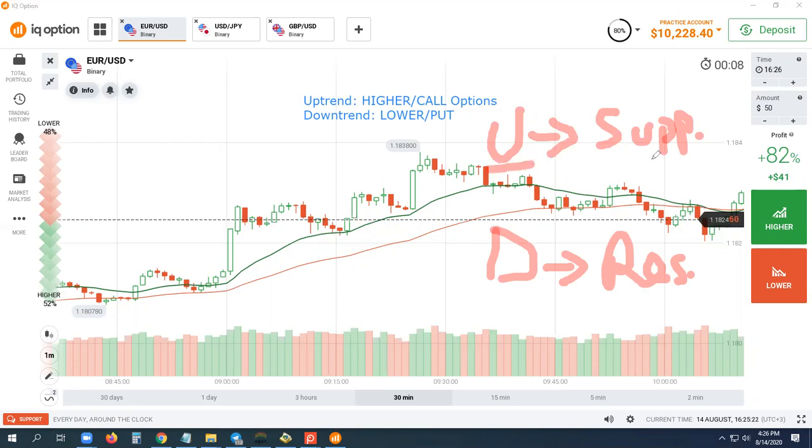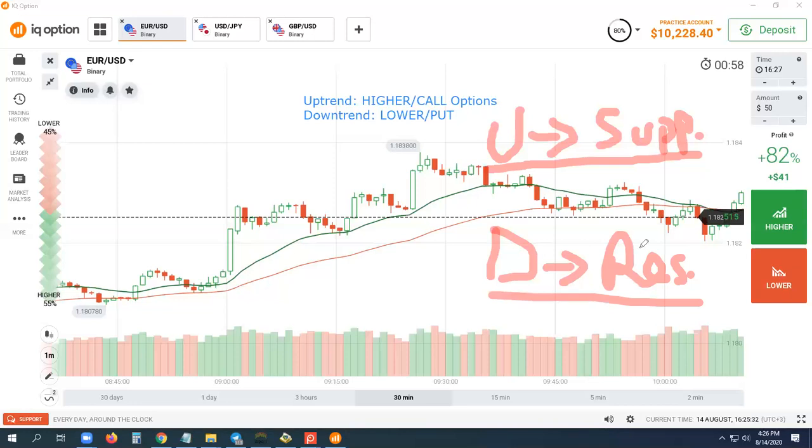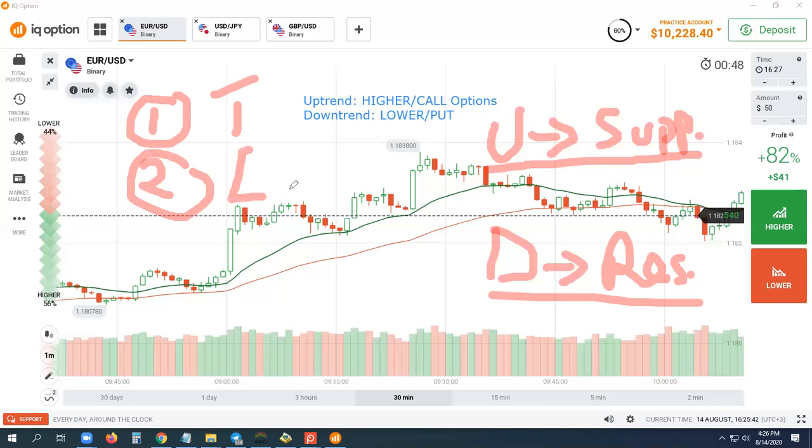Whenever you have an uptrend, confirmed either with your moving averages or your price action concepts, you take your trades at support. If you have a downtrend, you take your trades at resistance. Now, if you do that, you will have obeyed rule number 1, trend. You will have obeyed rule number 2, level, which is support and resistance.